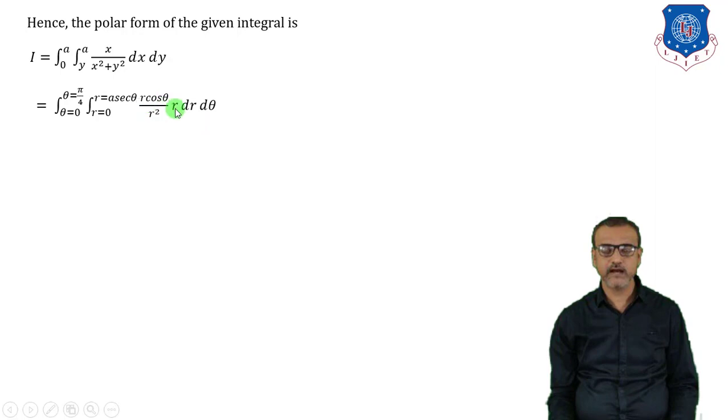Now this is r and again this is r, so r into r, that is r square, and divided by r square, so r square will cancel out.